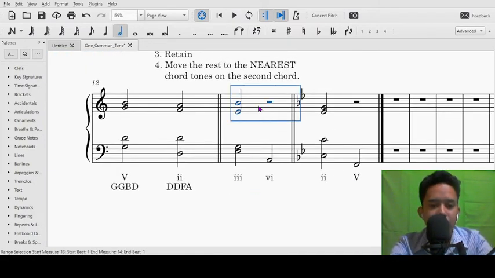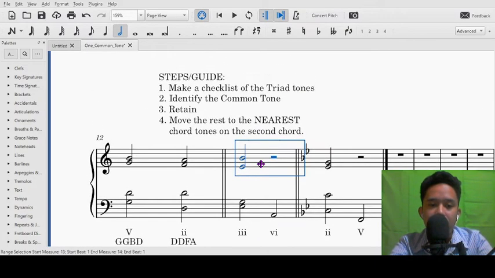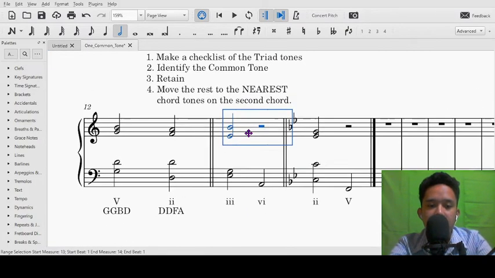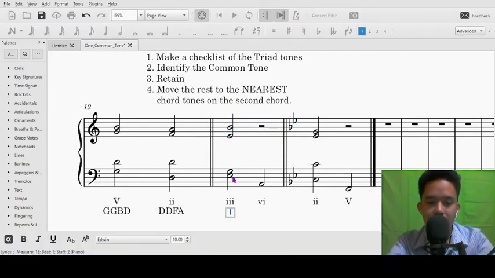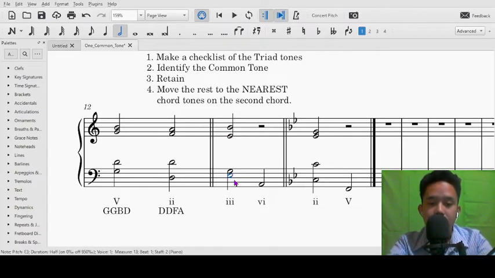We are still in the key of C, and according to our steps, first is to make a checklist. This is the E minor. So this will have two E's because we are in the root position.